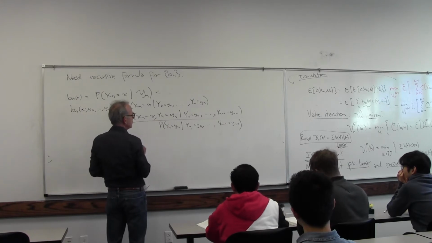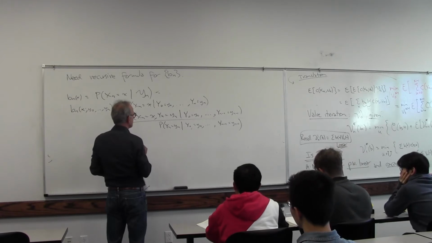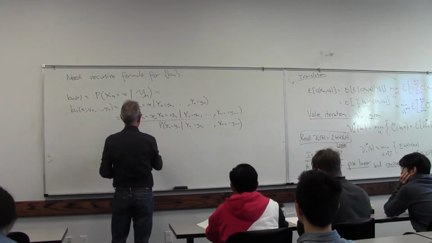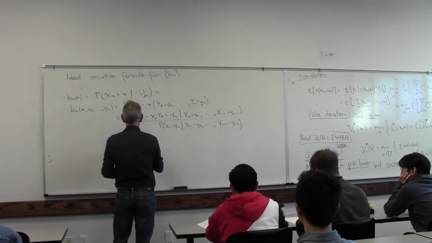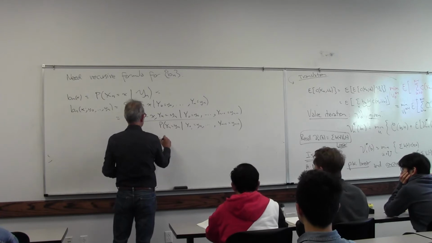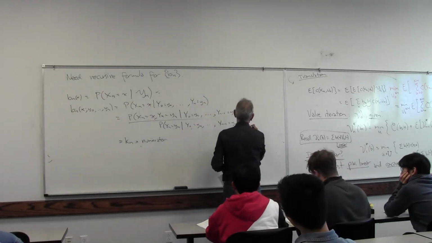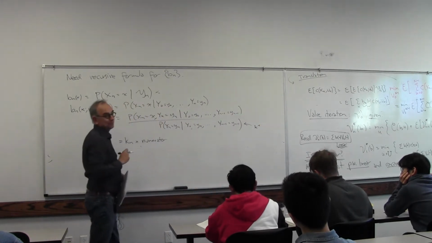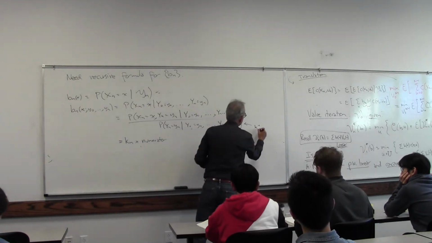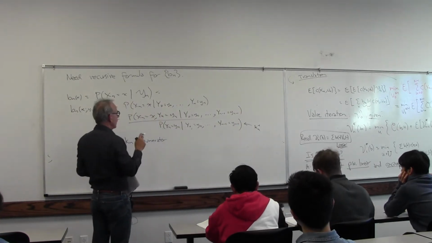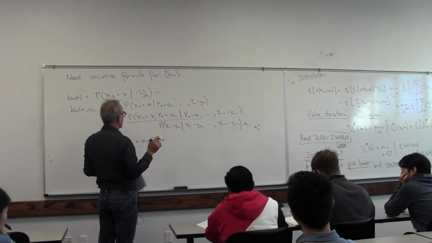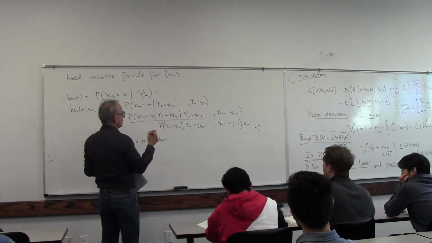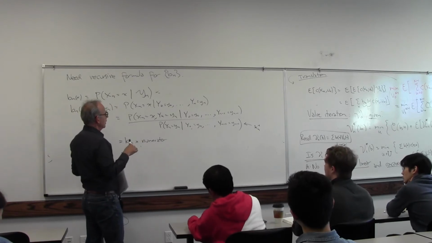And that's pretty easy to do because it's times the numerator. So just calling the denominator kn, or kn inverse, I'll just go and do this. You see, I'm going to skip a step.